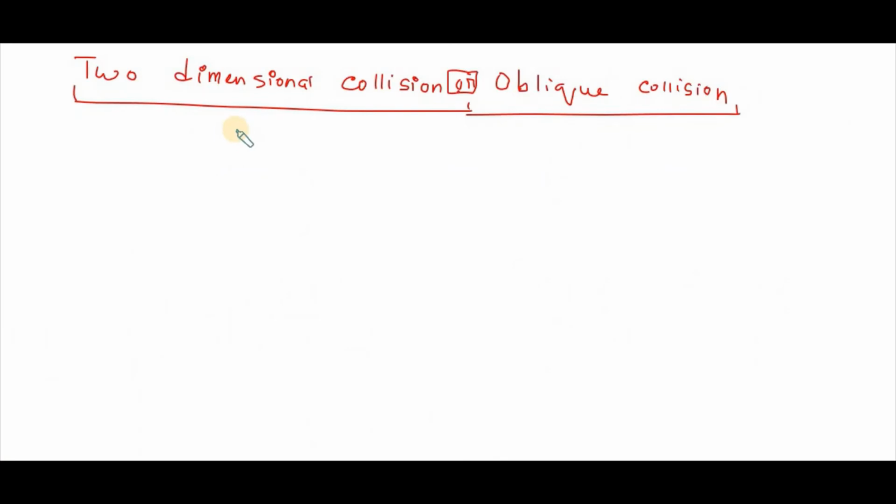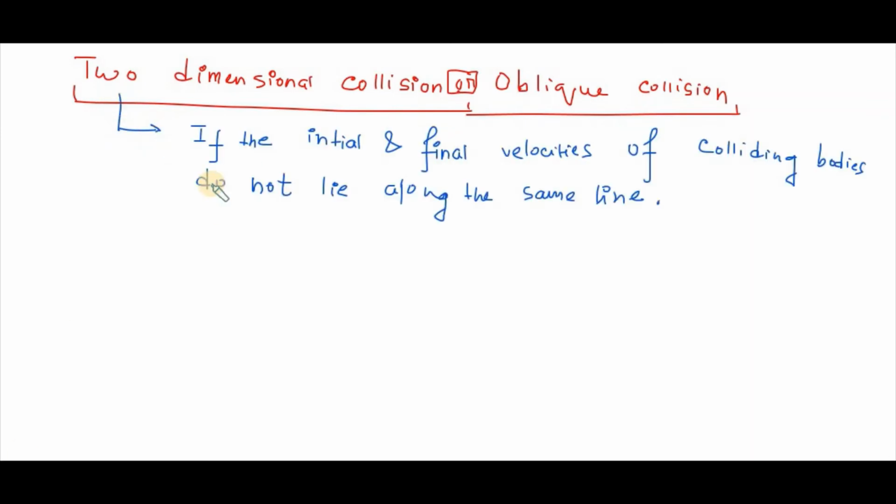Next we are going to talk about two-dimensional collisions, or oblique collisions. To define two-dimensional or oblique collisions, we can say that the initial and final velocities of the colliding bodies do not lie along the same line.